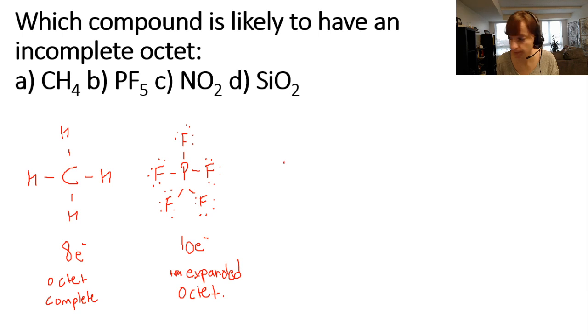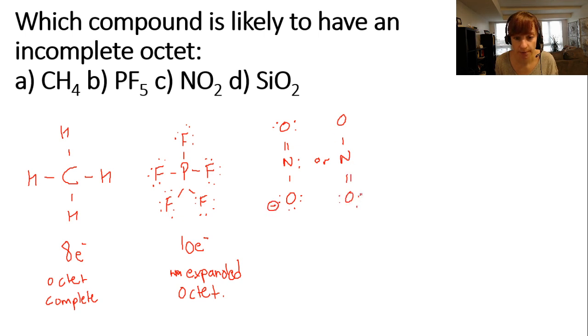So then NO2 is like this. We have lone pairs on the oxygen atoms and a lone pair on the nitrogen. Or you can draw its resonance structure, there's a negative charge here, depending on which way you want to look at it.